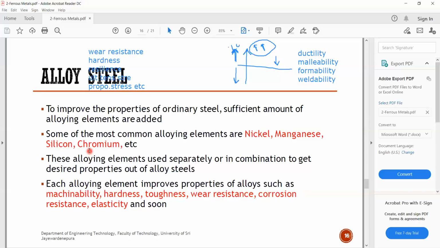Each alloying element improves the properties, so toughness, hardness or machinability will be increased or decreased according to the alloying elements added to the ordinary steel, right?